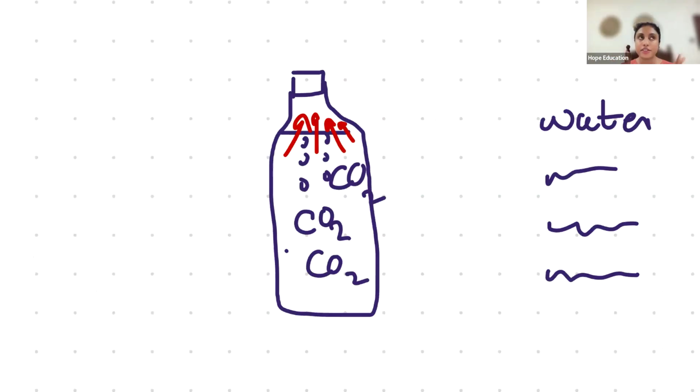So as I said, fizzy drinks are mainly water, with colorings, preservatives and flavors added. Carbon dioxide is only slightly soluble in water, but in fizzy drinks they increase the pressure and make more carbon dioxide dissolve in water. They make more carbon dioxide dissolve by increasing the pressure.